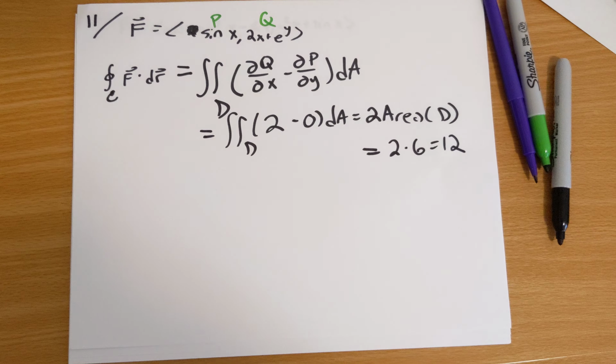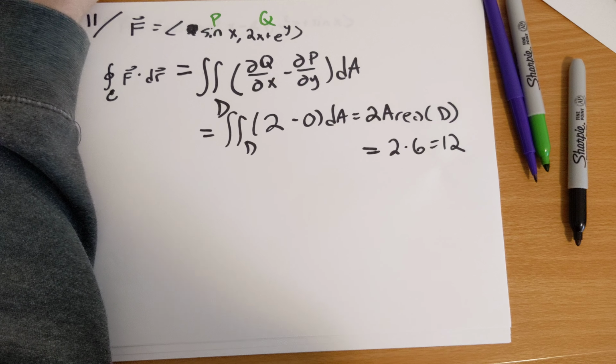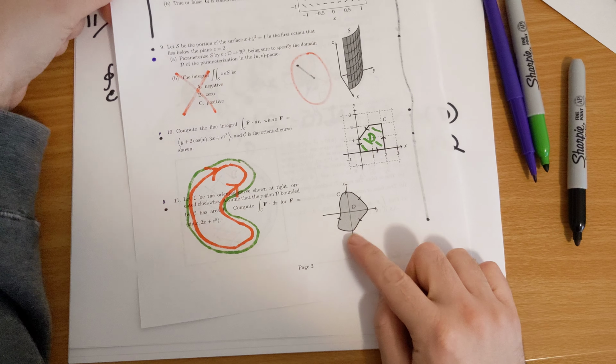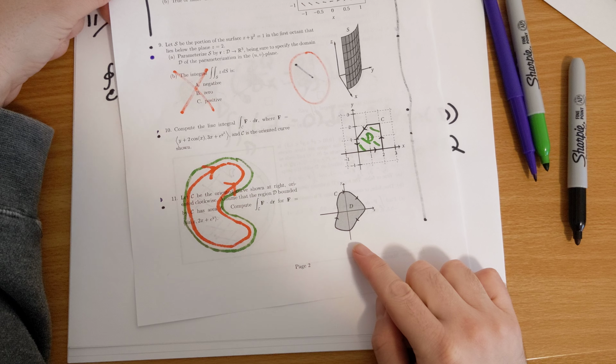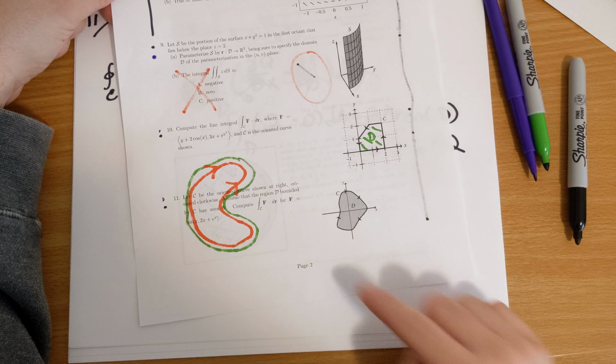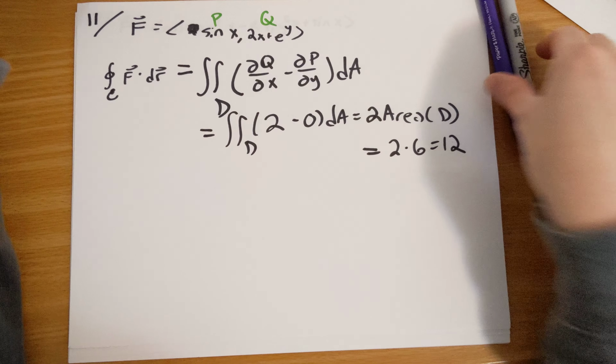Now there's one last little catch here, which is C is oriented clockwise, not counterclockwise. Green's theorem assumes that our boundary curve is oriented counterclockwise. So how do we account for that?